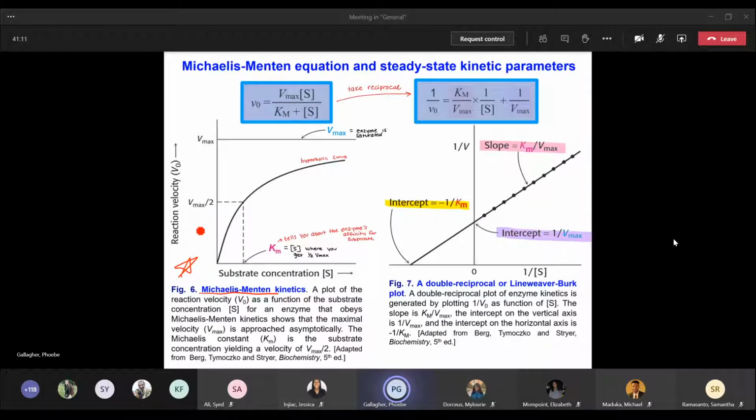But in this case, you're essentially taking all the initial velocities from those graphs and plotting them against their substrate concentration. So each change in substrate concentration will have a change in the initial velocity.